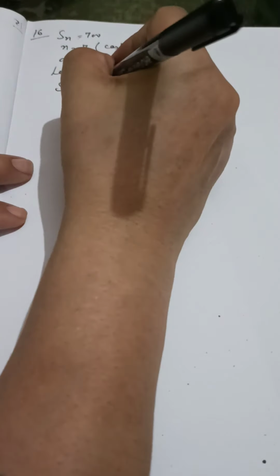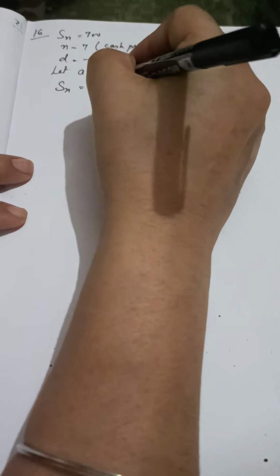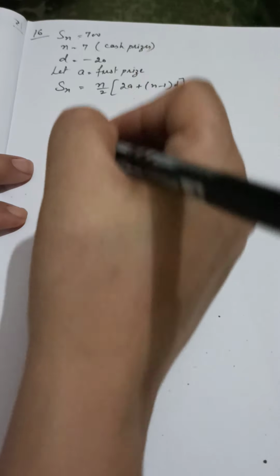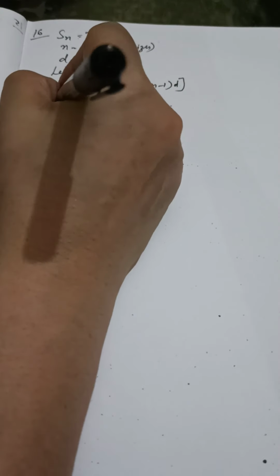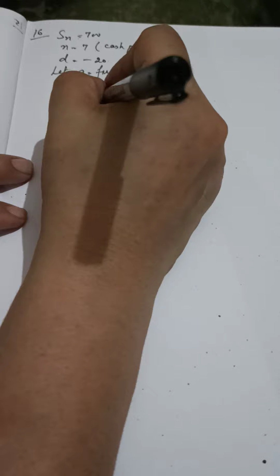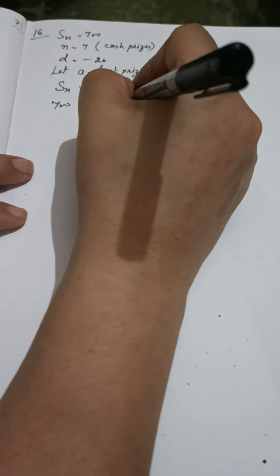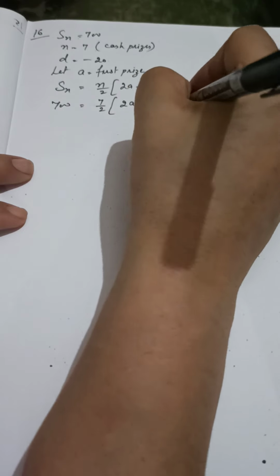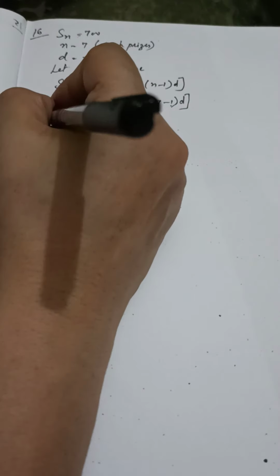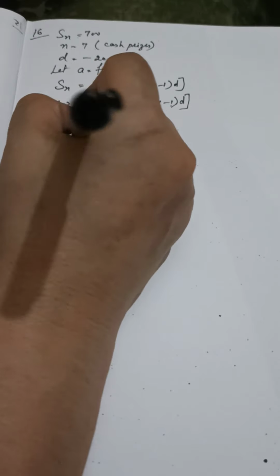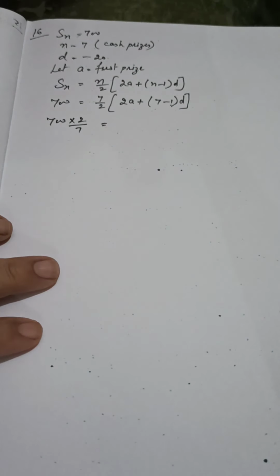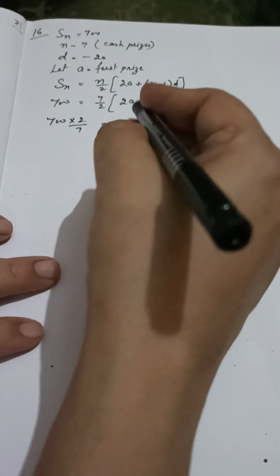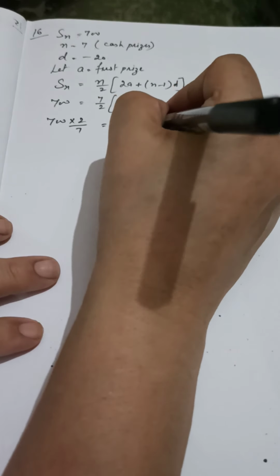Sn is equal to n upon 2, 2a plus n minus 1 into d. Now 700 is equal to 7 upon 2, 2a plus 7 minus 1 into d. We get here 700 multiplied by 2 upon 7. 7 upon 2 moves to the left-hand side, that becomes 2 upon 7. 2a plus 6d.